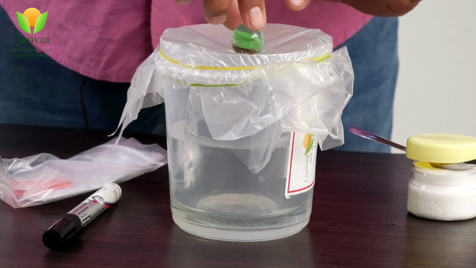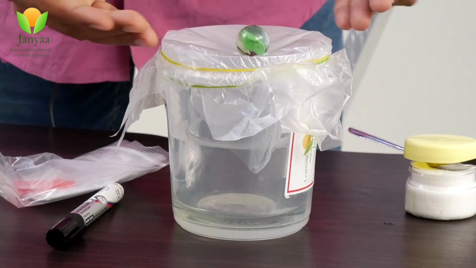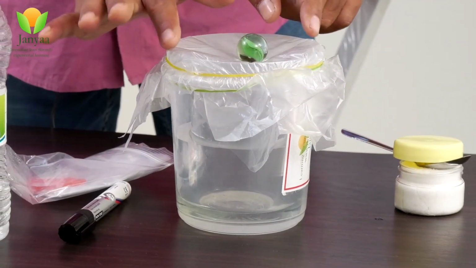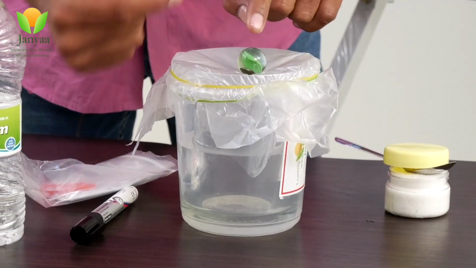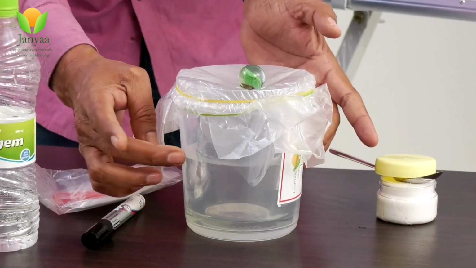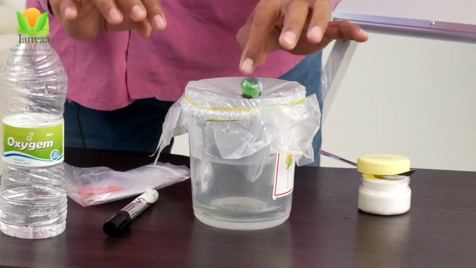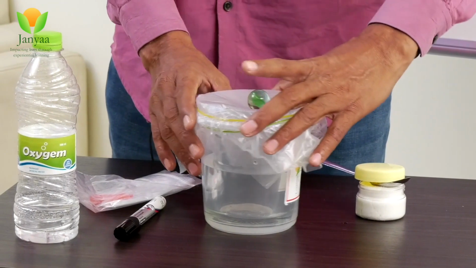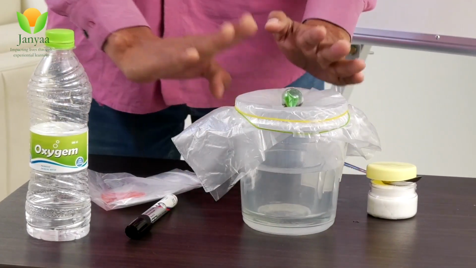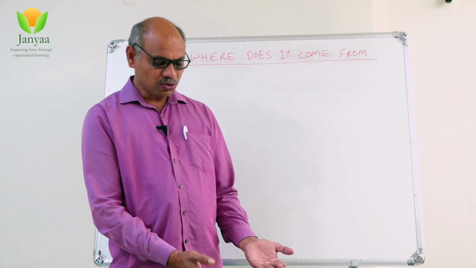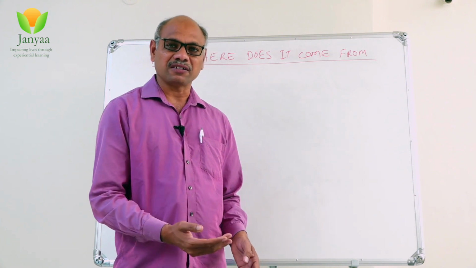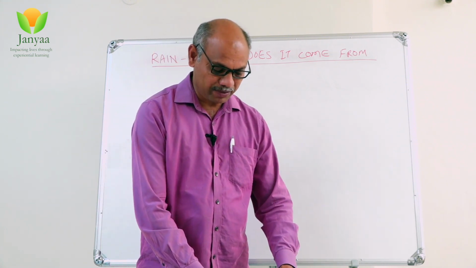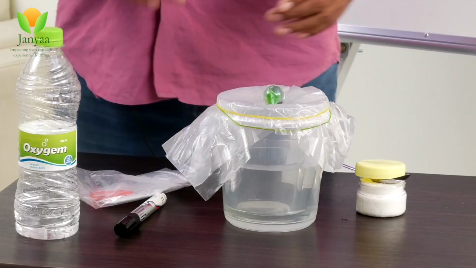When water vapor is formed here, the water will fall down into the glass tumbler there. I have done this arrangement, and let us keep this arrangement 2 to 3 hours in sun. Let us see what happens. Can you guess what happens?